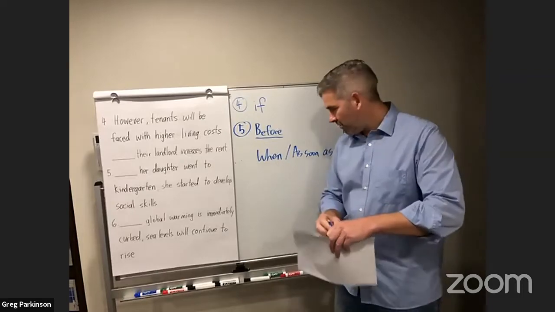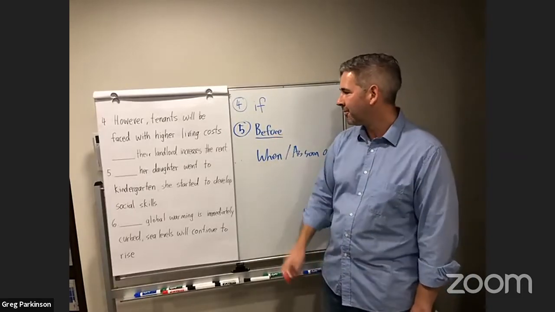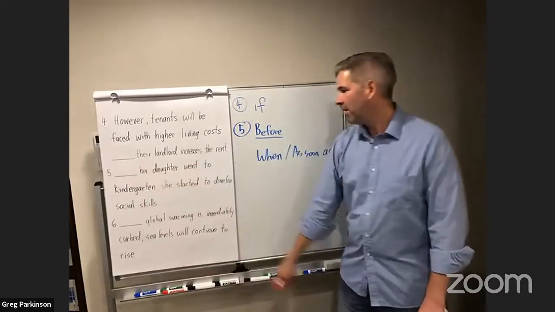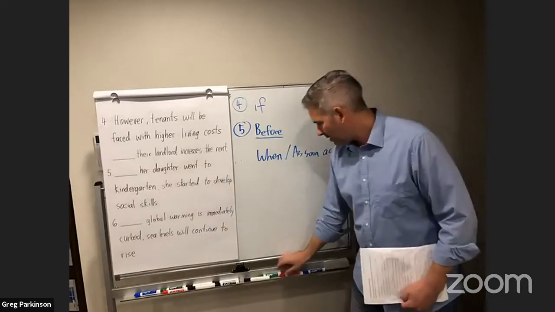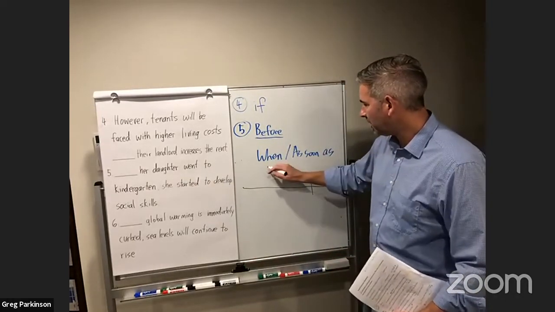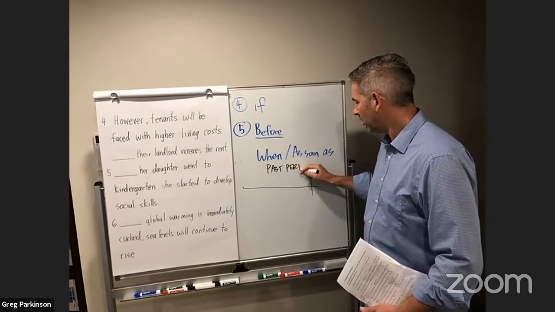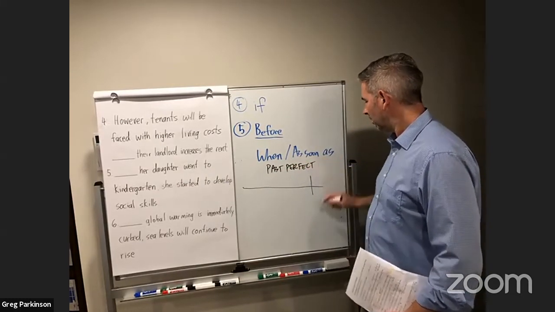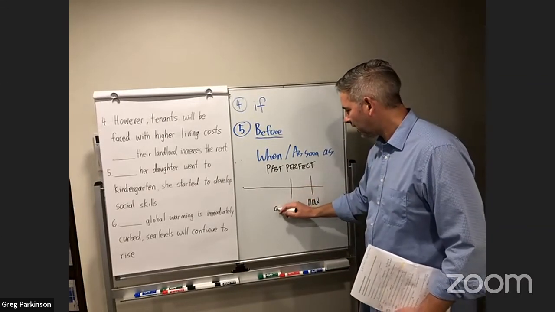Now, some of you might be really advanced with your grammar, and you might say, if you use before, then this should actually be past perfect, right? So to give you an understanding of how past perfect works, I'll put it up here. So we have now, then we have a time in the past.